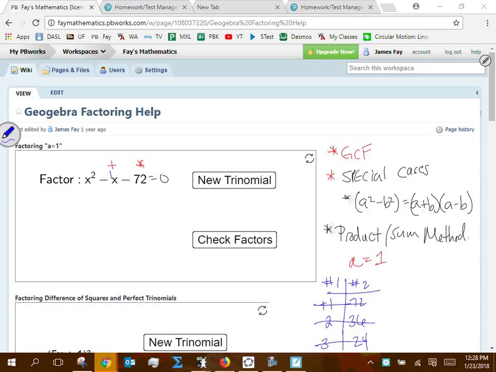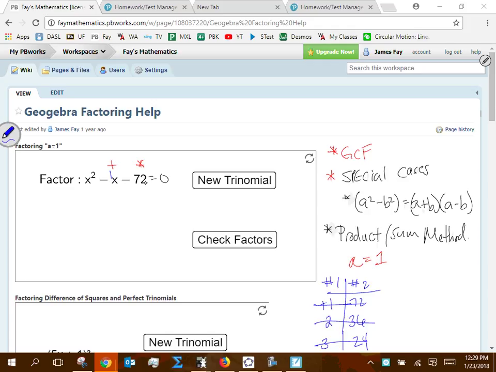If I look at 72, as you grew up in 5th grade, 6th grade, 7th grade, and you're doing these factors, what are maybe the first two factors people think about when they see 72? 8. 8 and 9, right? Okay. So if I go 8 and 9, and this is another thing to think about, if this number here is pretty small, you would say 1 is pretty small, right?